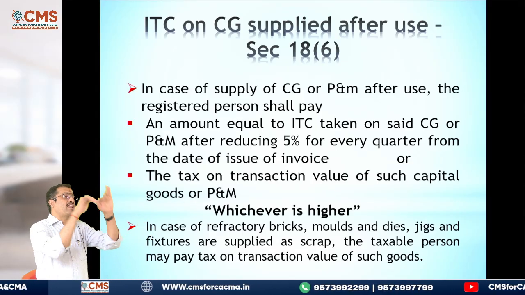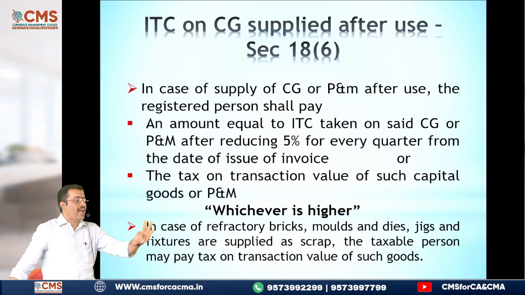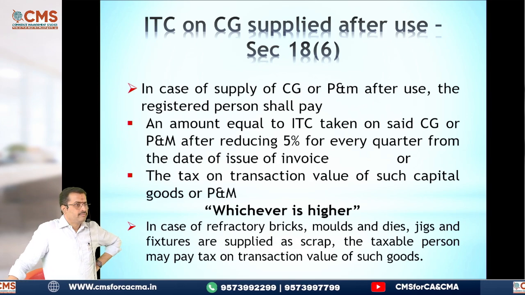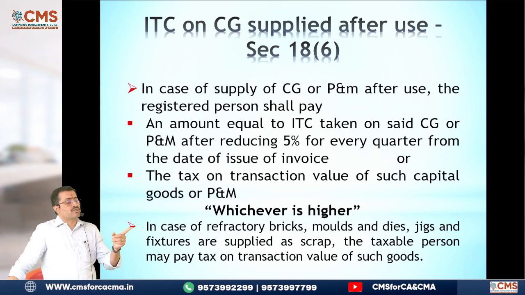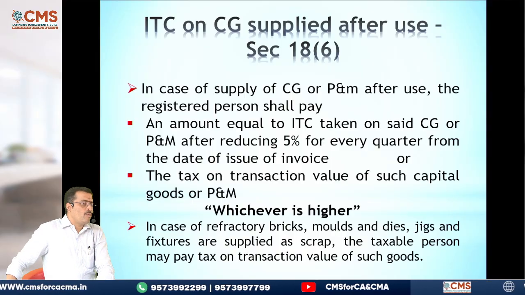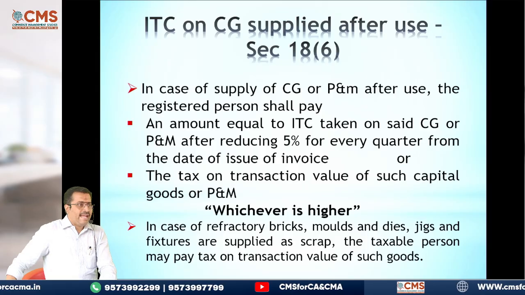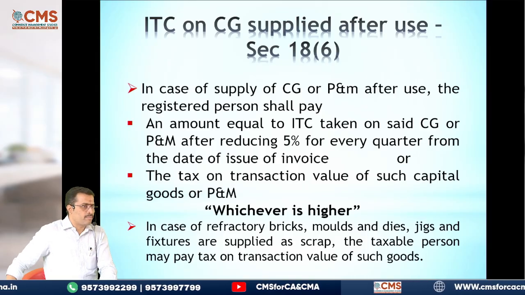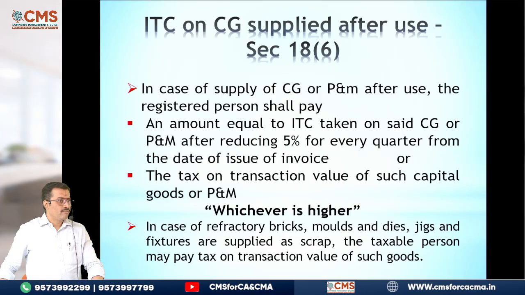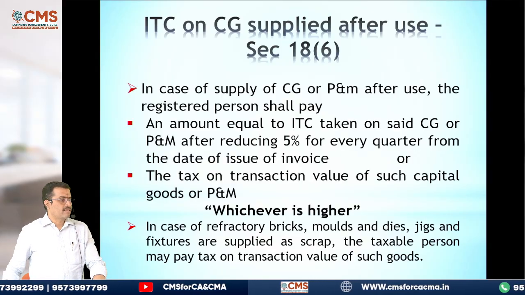Now, what is the credit on that? 5 lakhs is the cost. Assume it is 18%. Now calculate 5 lakhs into 18%. 90,000. 90,000 minus how much percent you have to reduce? 20%. It will become how much? 18,000 rupees. Correct? So 90,000 minus 18,000, that means 72,000 rupees. But for how much did I sell the capital asset? 2 lakhs. 2 lakhs into 18% is how much? 36,000.